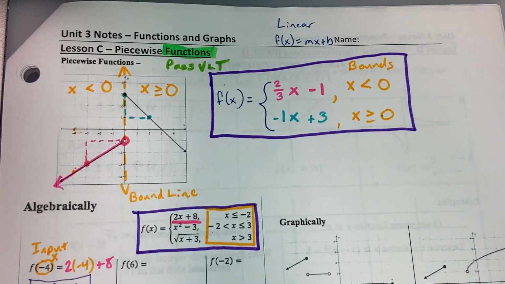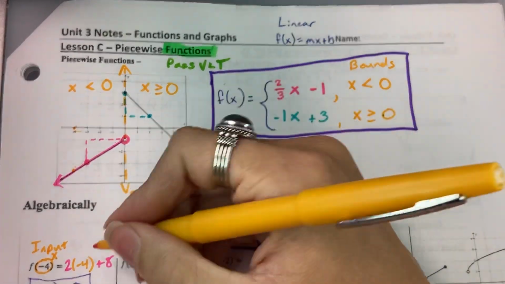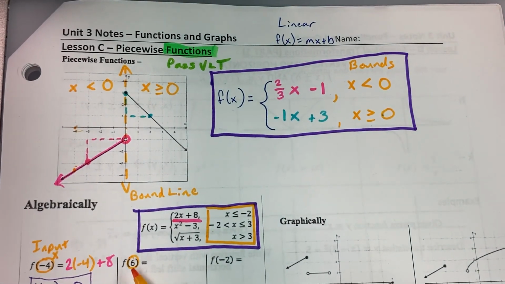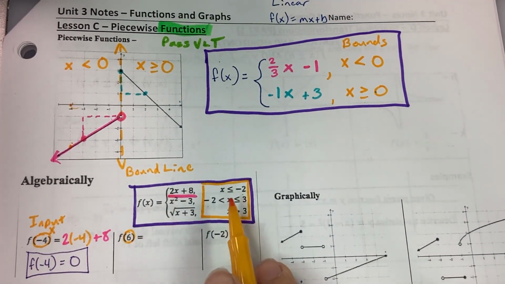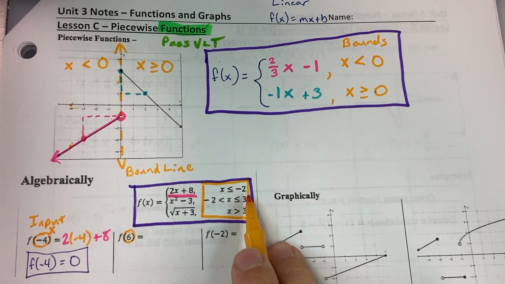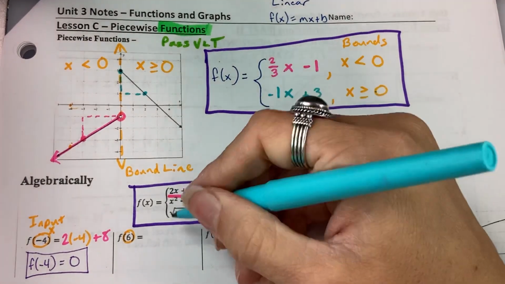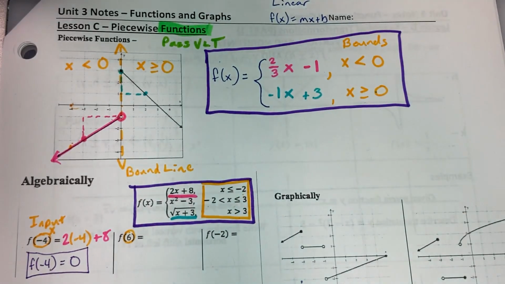Moving on to my next function piece. This says f of 6. So where does that x input lie in terms of our boundary statements? Is 6 less than or equal to -2, between -2 and 3, or greater than 3? That one is greater than 3, which means we're going to be using this bottom function piece to find what f of 6 is.